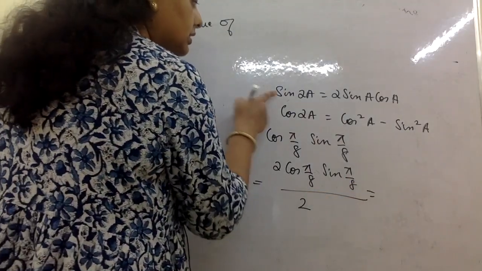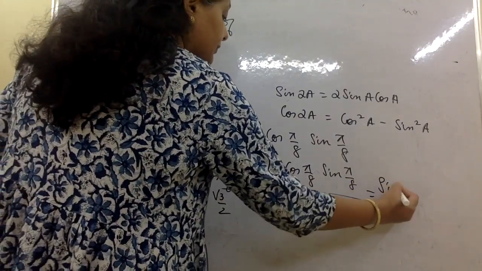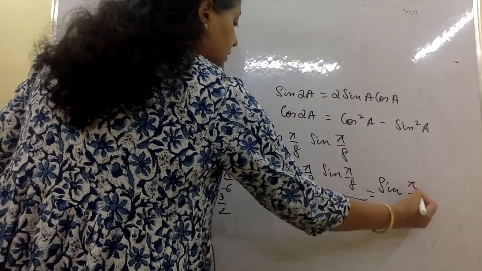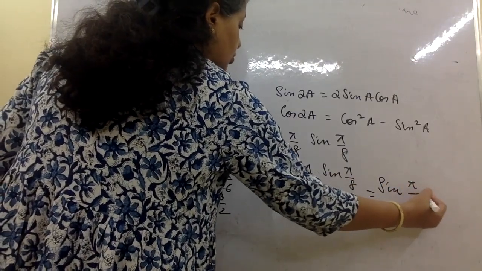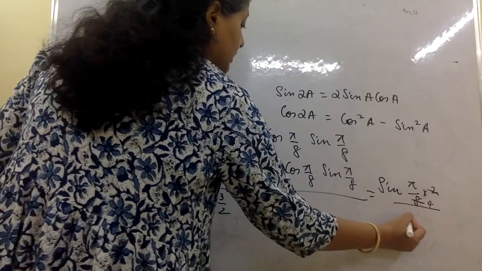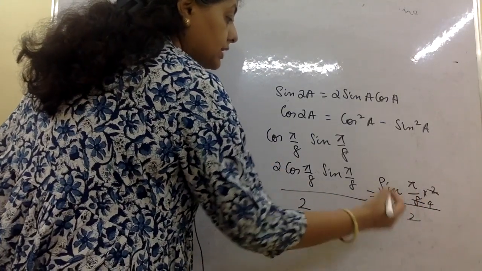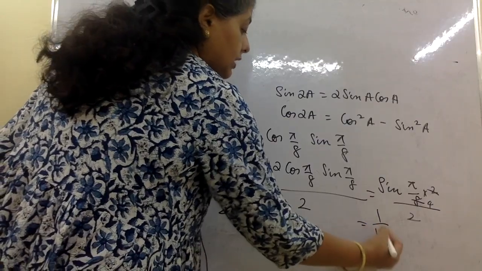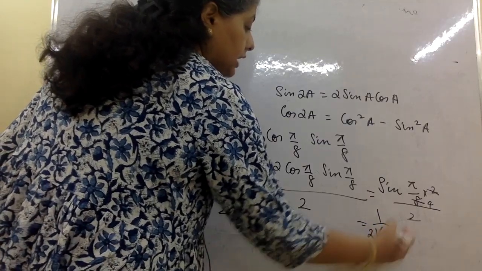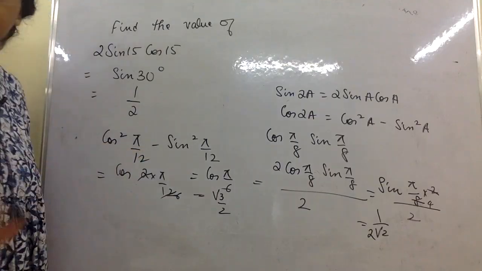Now use this formula: sine of pi by 8 into 2, which is pi by 4, by that 2. That by 2 remains. So sine pi by 4 is 1 by root 2, and then you put that 2 also. That is our answer.